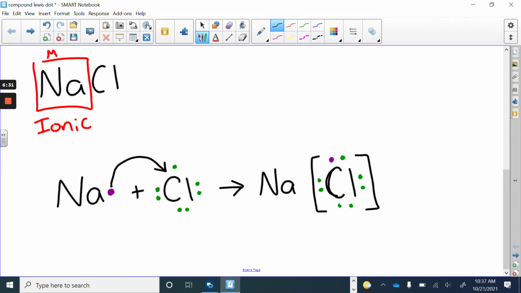Since sodium lost an electron, which is a negative charge, it is going to become positive. And since it was 1 electron, it'll be a +1. Since chlorine gained an electron, which is negative, it now has a negative charge. And now we are done with the Lewis dot structure for sodium chloride.